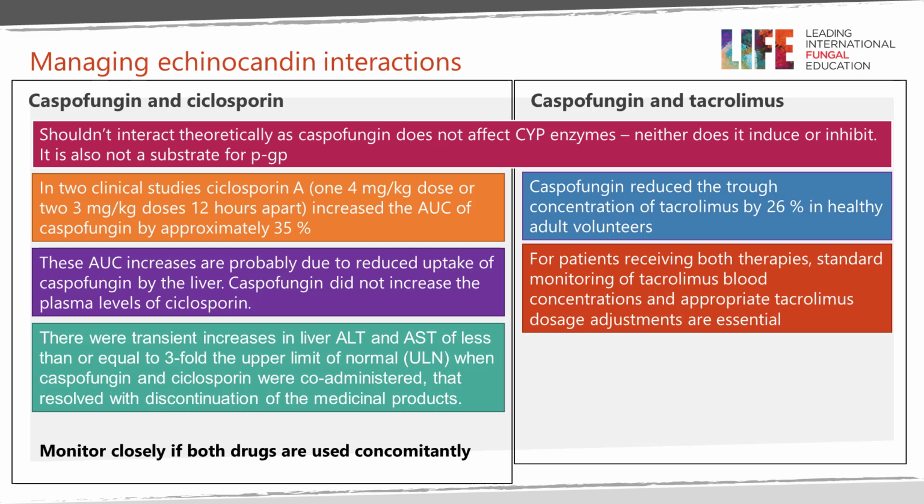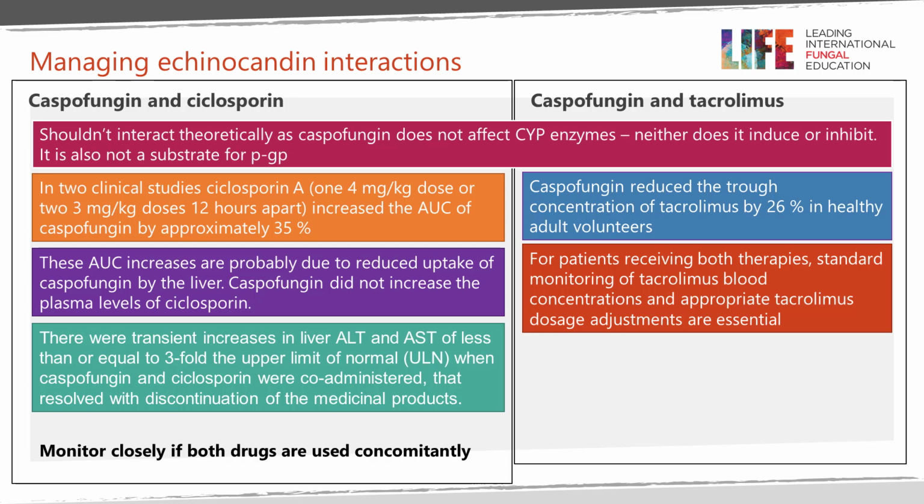Tacrolimus, when taken together with caspofungin, actually caspofungin reduced the trough concentration of tacrolimus by around 26% in healthy adult volunteers. So again, for patients that need to take both therapies, monitoring of tacrolimus blood concentrations and making those dose adjustments for the tacrolimus are essential, because what we don't want are toxicities of these drugs.